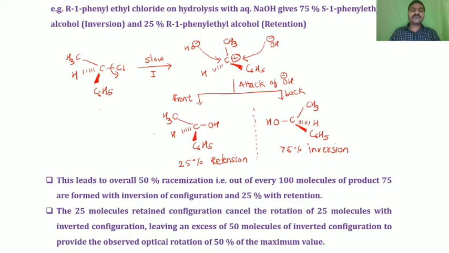So the 25 molecules with retained configuration cancel the rotation of 25 molecules with inverted configuration, leaving an excess of 50 molecules of inverted configuration to provide the observed optical rotation of 50% of the maximum value. That means 25 molecules cancel the 25 molecules to form a racemic mixture, and here you can see that 50% inverted product is remaining.